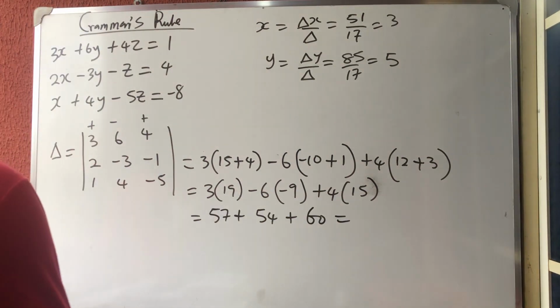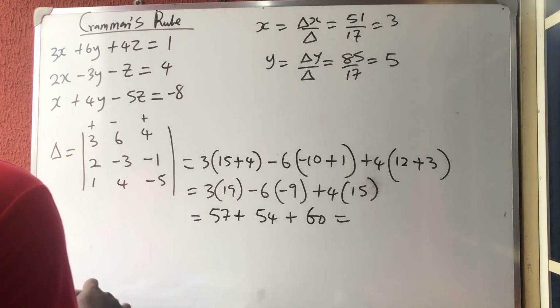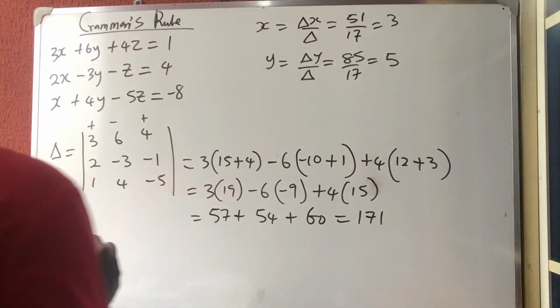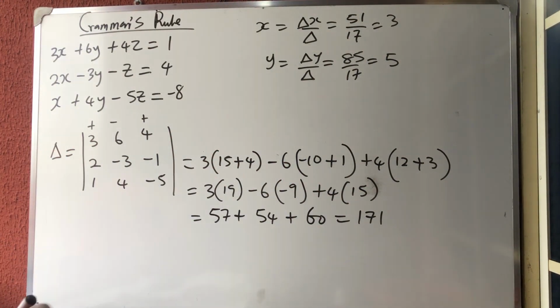So 57 plus 54 plus 60 is 171. I think, are you sure there is no mistake somewhere?